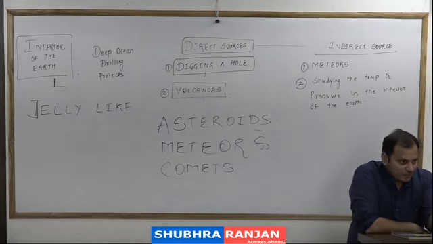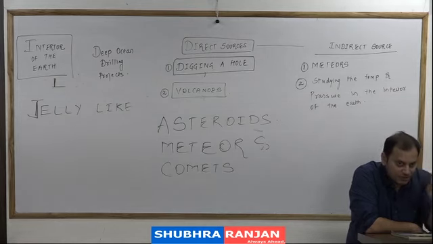It is not in the liquid form. In what form is it? It is in a jelly-like manner, not in a liquid manner. So we'll continue the rest of the sources tomorrow.